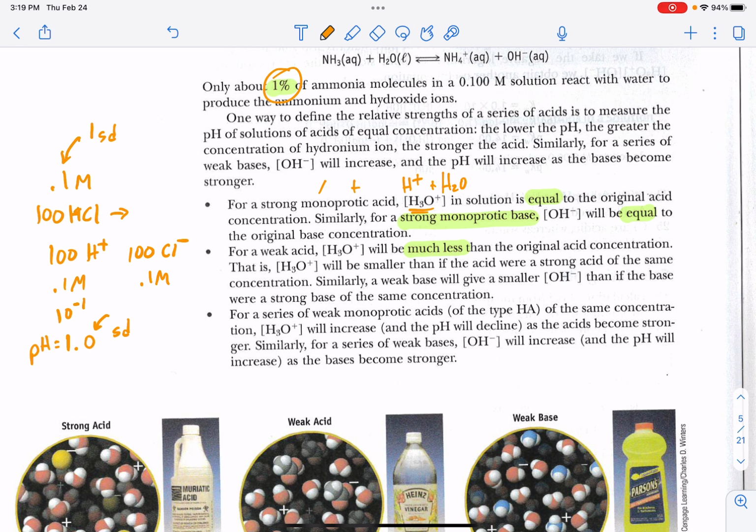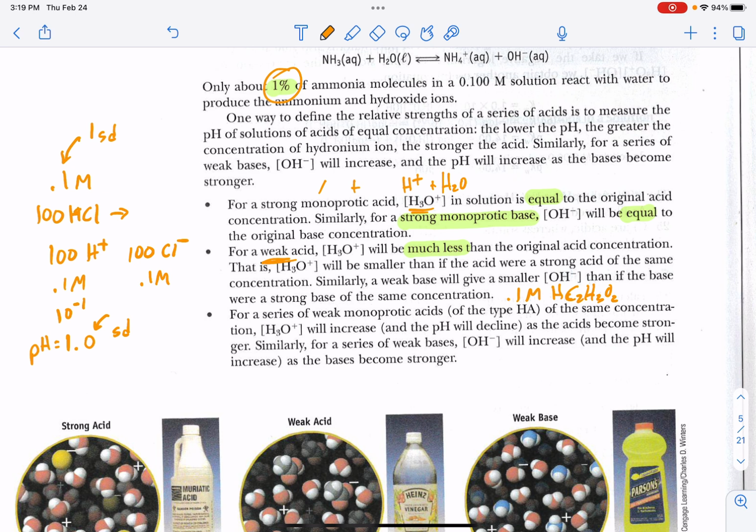Now, if I have a weak acid, my concentration of hydrogen ions is going to be substantially lower than the original concentration. For example, if I had a 10th molar solution, let's say of acetic acid, C2H3O2, I'm not going to get a 10th molar hydrogen ion concentration and a 10th molar acetate ion concentration, because they won't all split up.